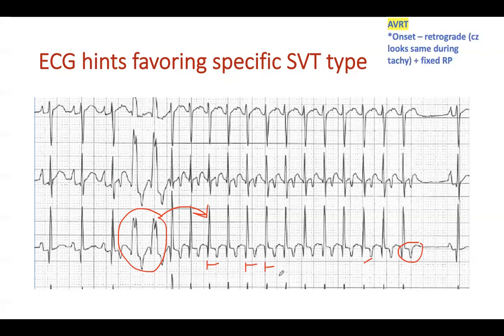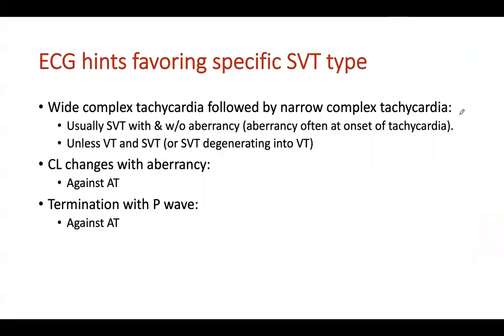During the wide QRS the tachycardia was slower, and then it sped up with narrow QRS. So that's a hint that the bundles are part of the tachycardia. Fixed RP, cycle length changes with aberrancy, so the V is in the circuit, and it terminates with the P wave. So it's also an AVRT type SVT.